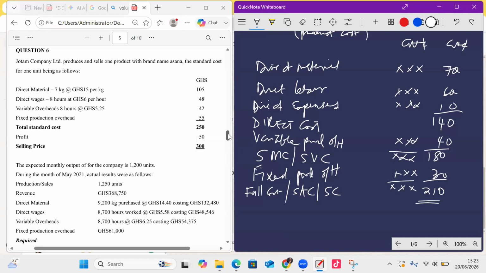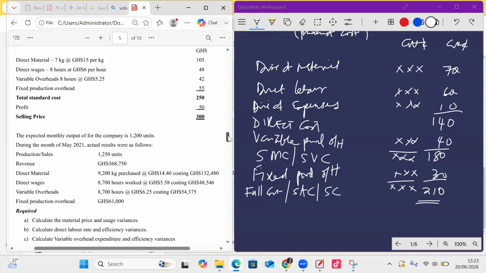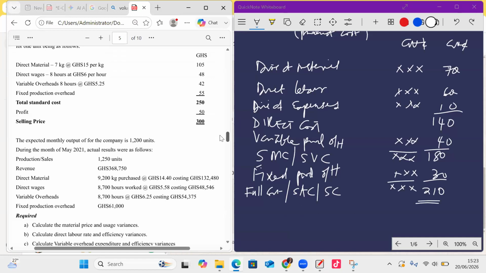So for example, when you are presented with a question, right? The standard cost here is the cost you are seeing in the cost card. So this portion of the question is called a cost card.